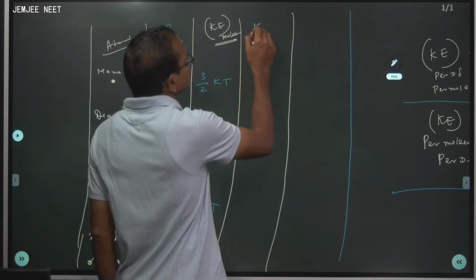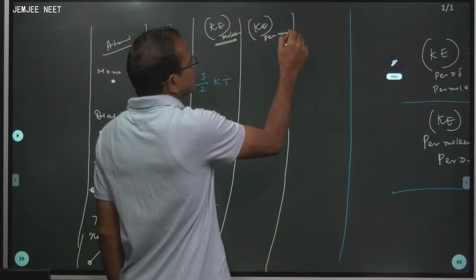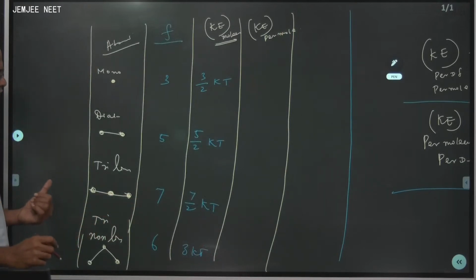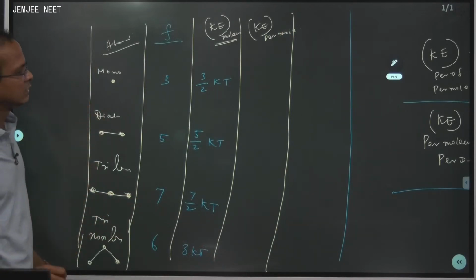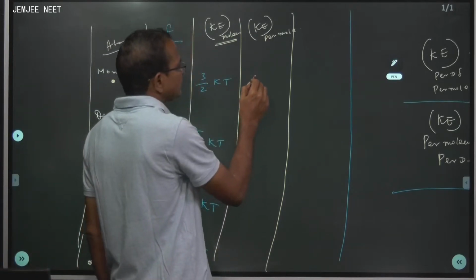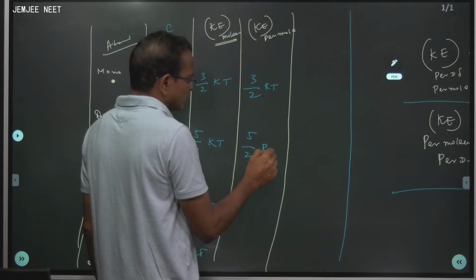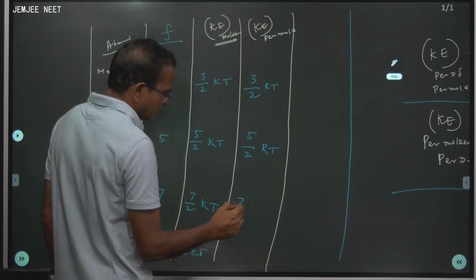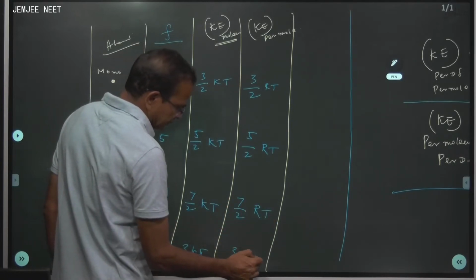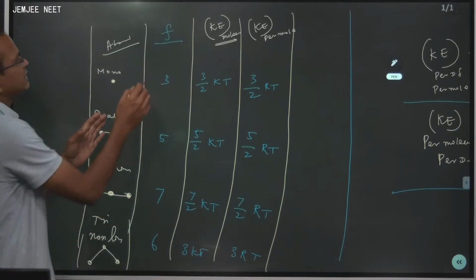Now kinetic energy per mole is simply given by 3/2 RT, 5/2 RT, 7/2 RT and 3 RT. Sir, degree of freedom formula is used? Yes, I will give it right now. Let me complete this first.